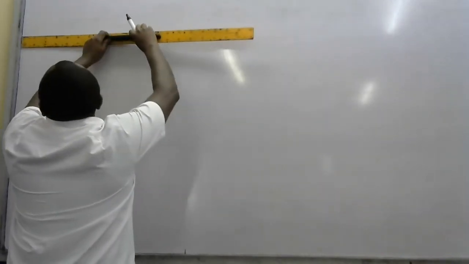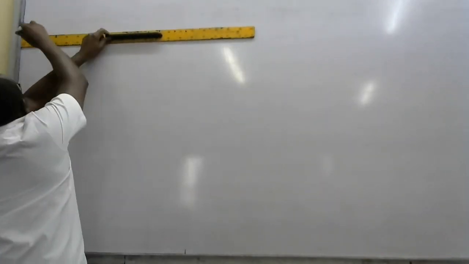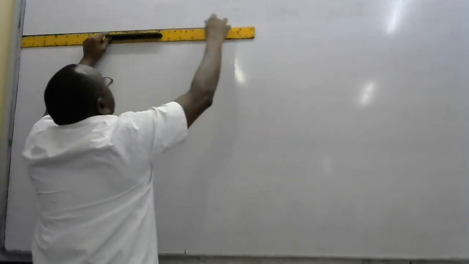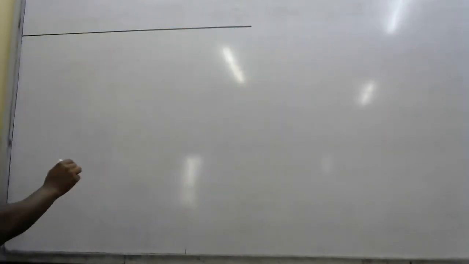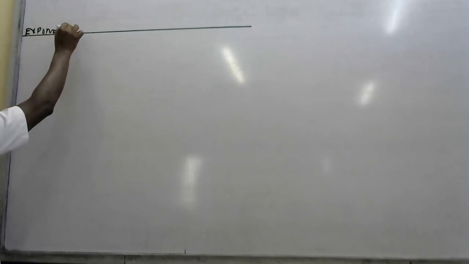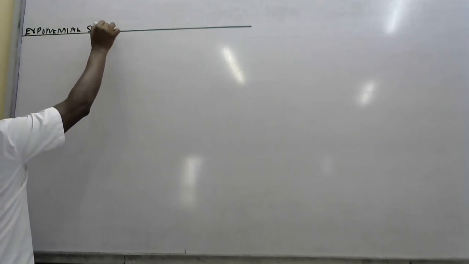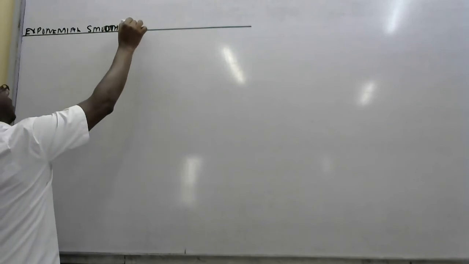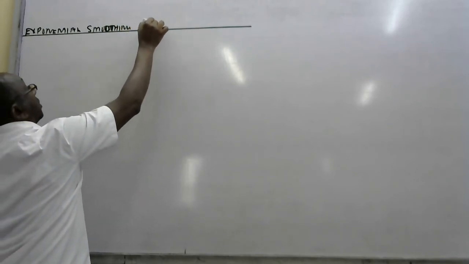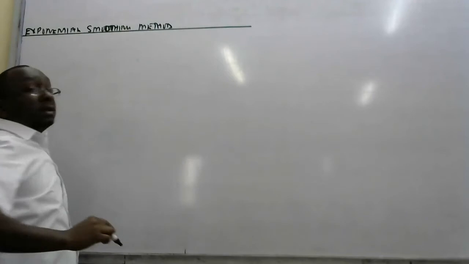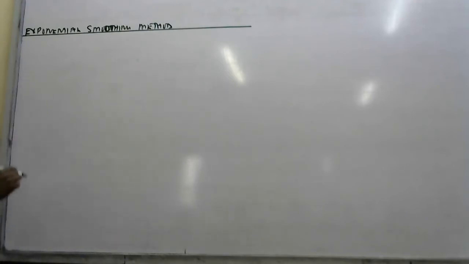So the question is meant to remind us about the exponential smoothing method. And as you know, we have the period.